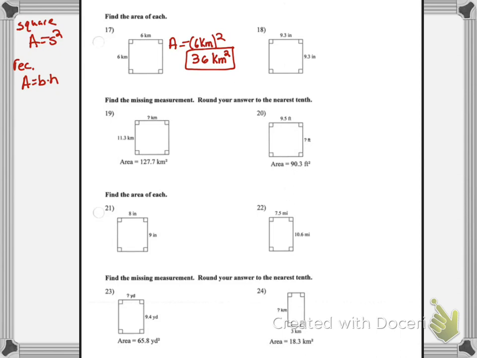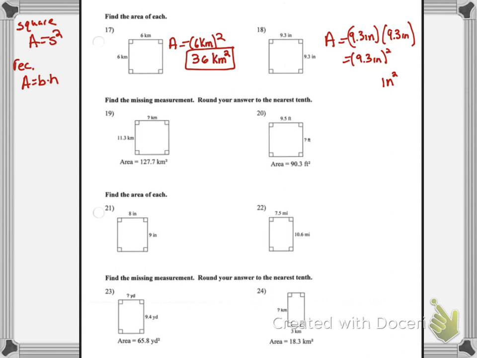When you have an area, the units have to have the 2. Over here again, the area is going to be, they're the same measure, it's a square. 9.3 inches times 9.3 inches, or you could write it as 9.3 inches squared. We know the inches are squared, but then we have to calculate the first part.